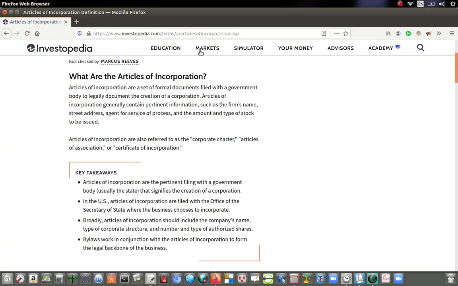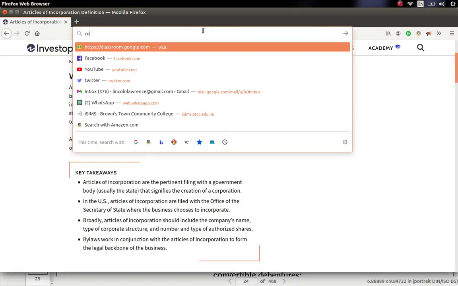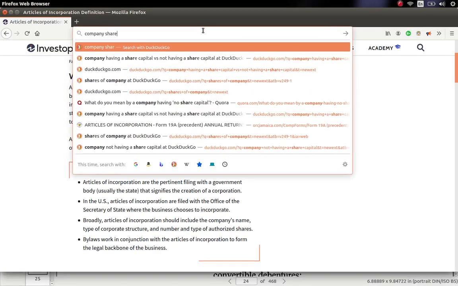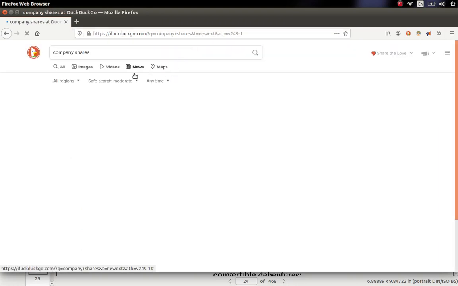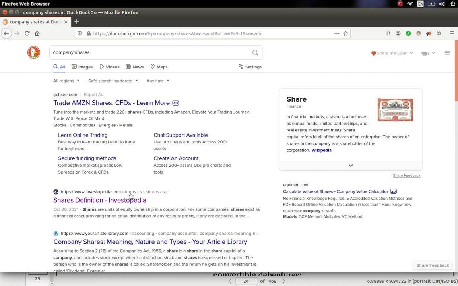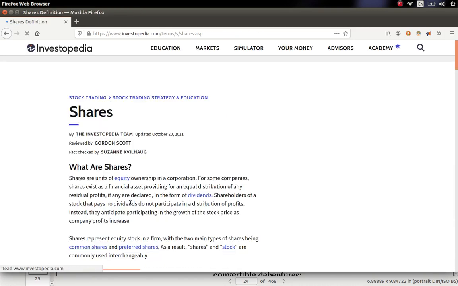Shares. Let's look for company shares. What are these company shares? Definition of shares: shares are units of equity ownership in a company.